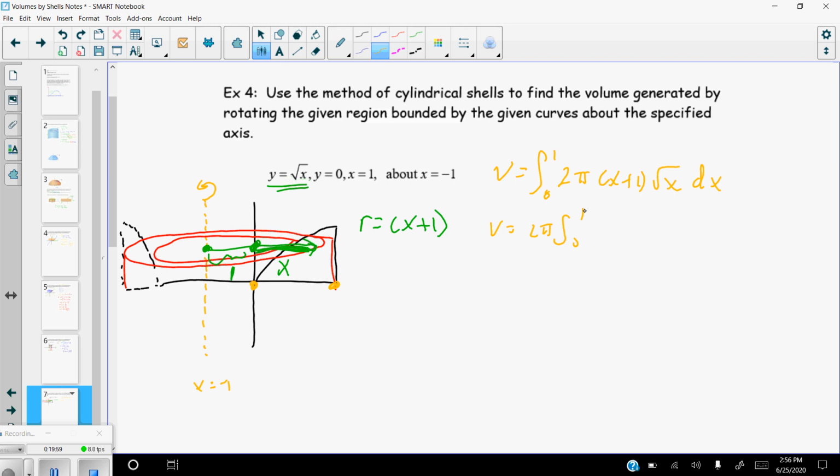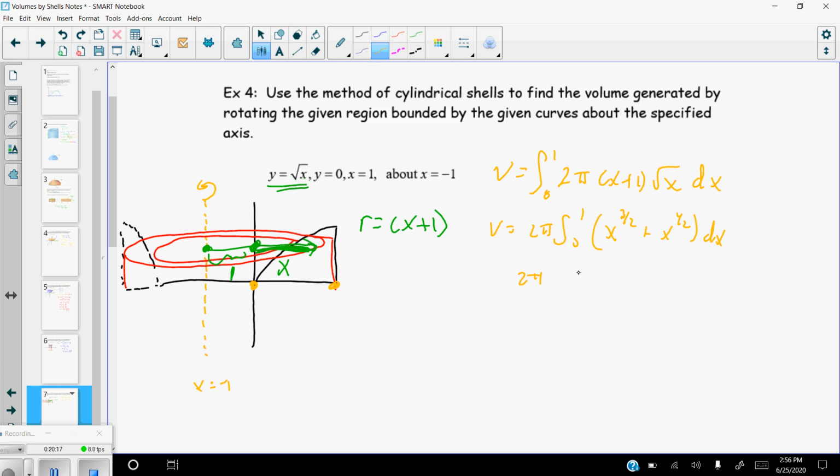Let's distribute the square root of x, which is x to the 1/2 power. So x times x to the 1/2 is x to the 3/2, plus 1 times x to the 1/2 is x to the 1/2, dx. Let's take our antiderivatives.